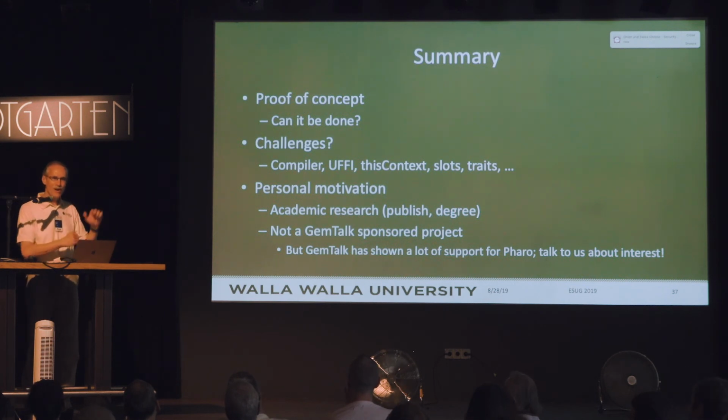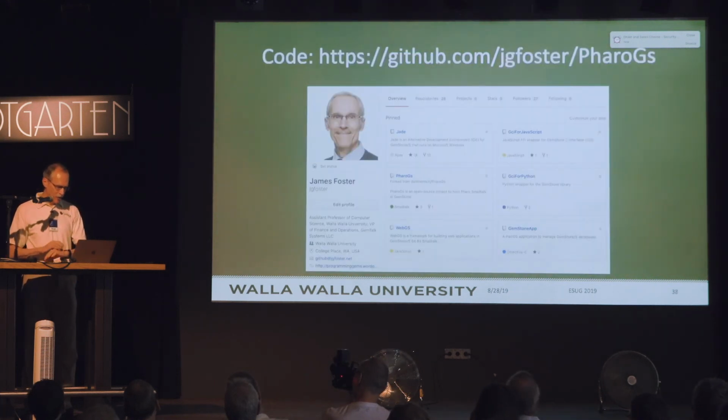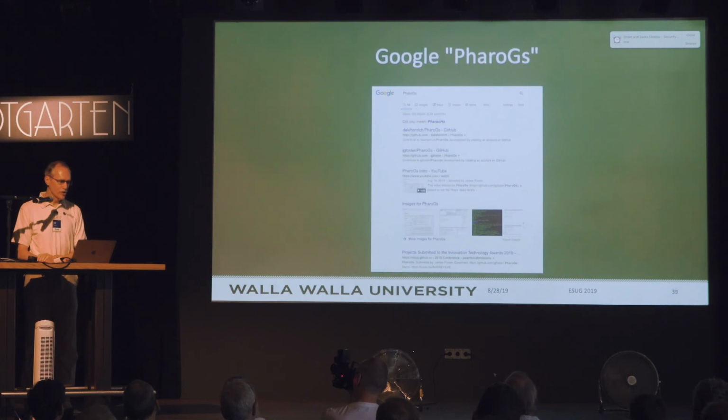But you see there are a number of things on the roadmap. How does this go? If you'd like to look at the code, go to GitHub. It's there, PharoGs, or you could just Google PharoGs, and several of the hits will be there.